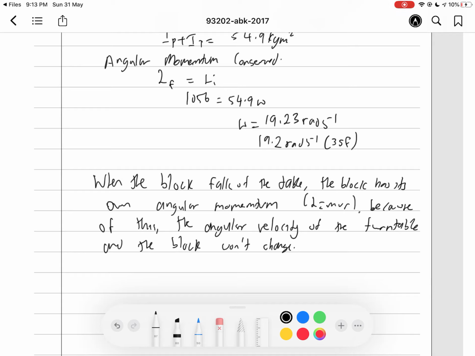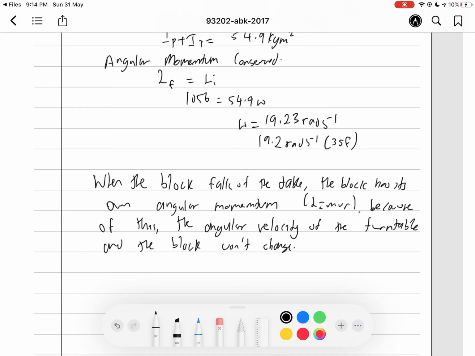You can look at the turntable by itself and the block by itself. Because the block is now gone, the rotational inertia of that turntable has decreased. However, the block has taken a component of the angular momentum away from that turntable, which means that the angular momentum of the turntable has also decreased.